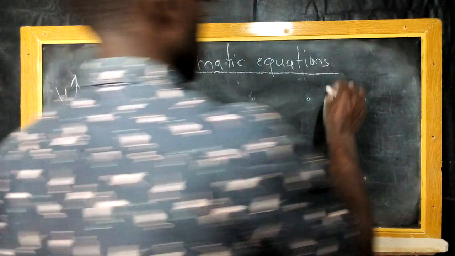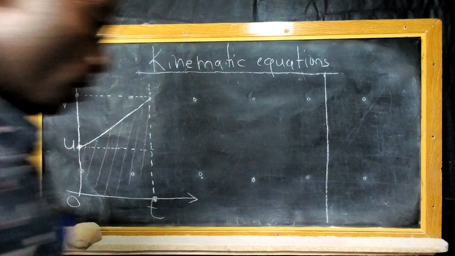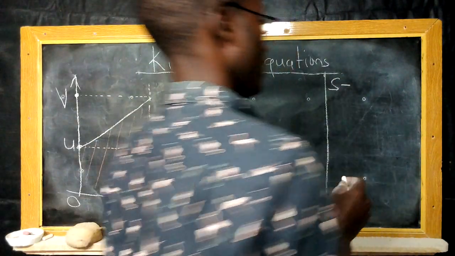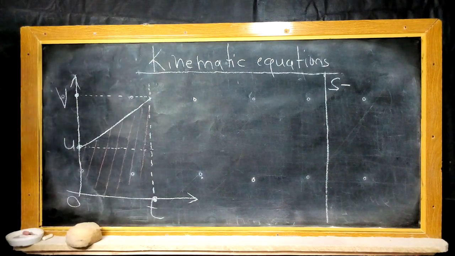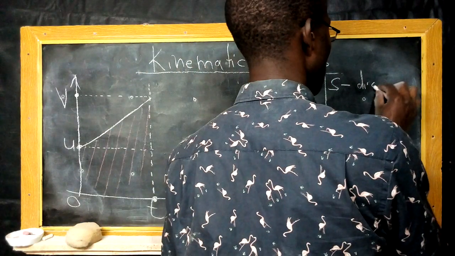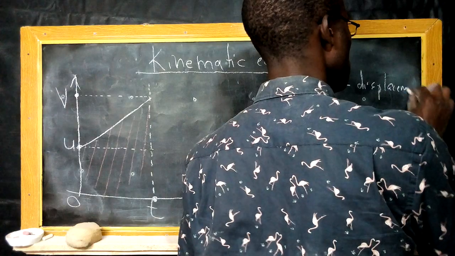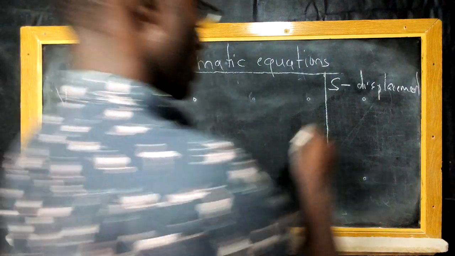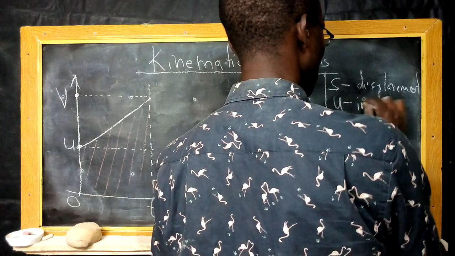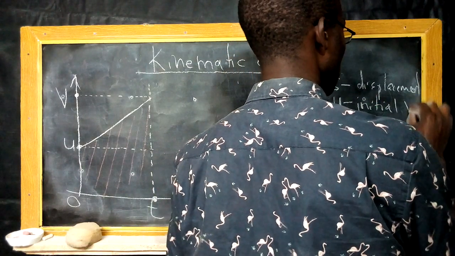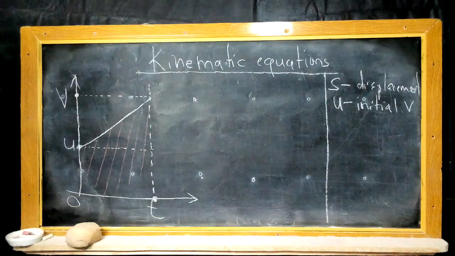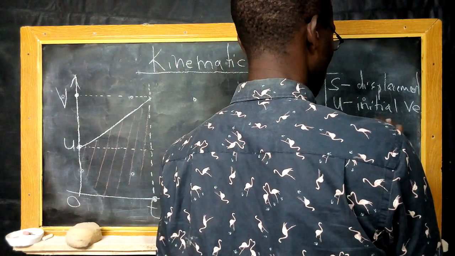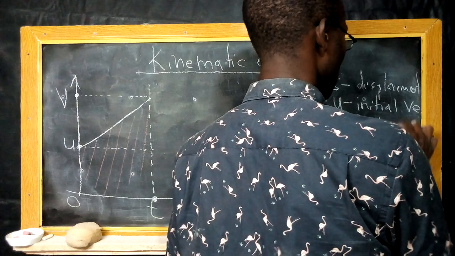And if I can just put at this side a small set of what we have discussed. For S, that one will denote displacement. And for U, I've said that one will denote initial velocity. And for V, this one will denote final velocity.